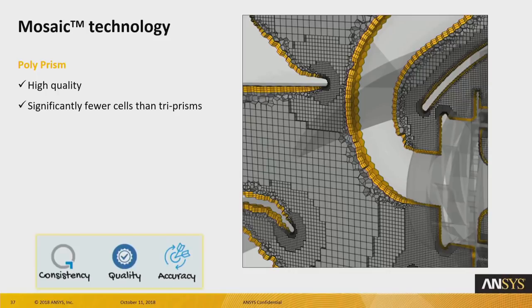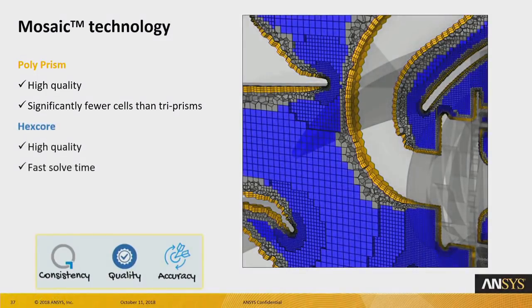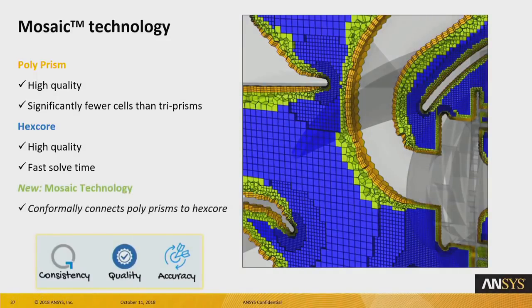You're required to use significantly fewer cells in this case compared to the triangular prisms that are otherwise required with tetrahedrons. Then the rest of the space is filled with hex core, far away from the boundary layers and far away from the walls, which is characterized by high quality and fast solution time. The glue between the hex core elements and the prism elements is the poly elements, which conformally connect these two regions.